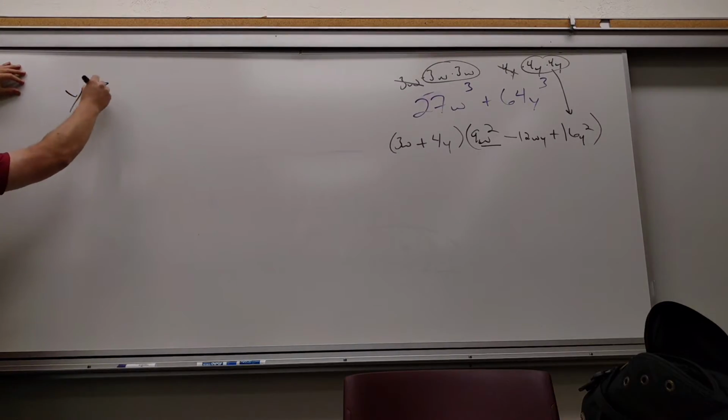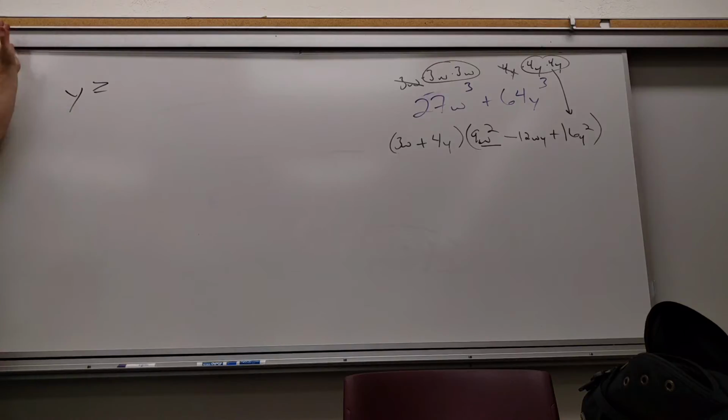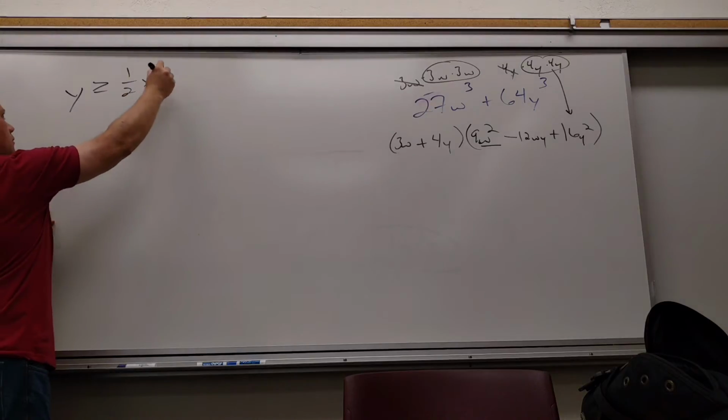Alright, so I'm going to just cut to the chase. If I don't give it to you solved for y, you've got to solve for y, so you can graph the line, right? We're just going to give it to you already solved.